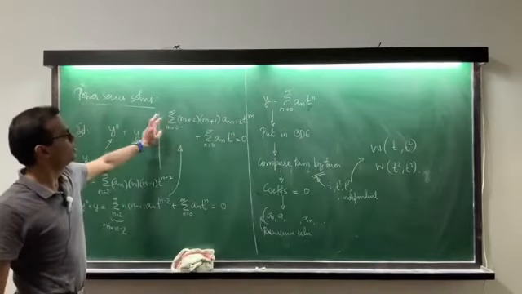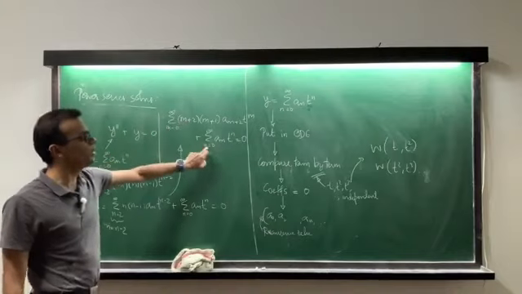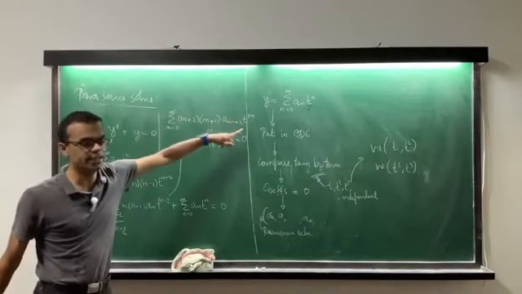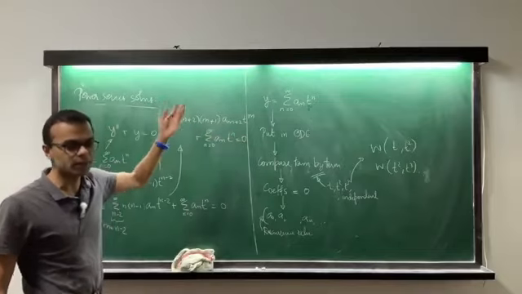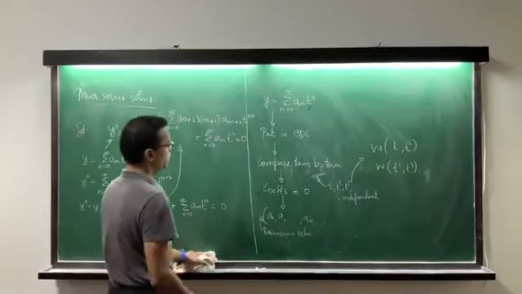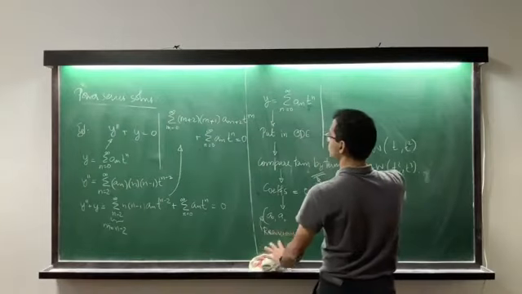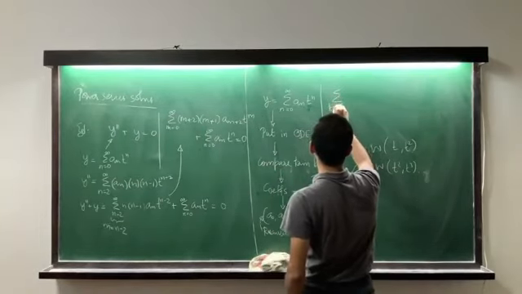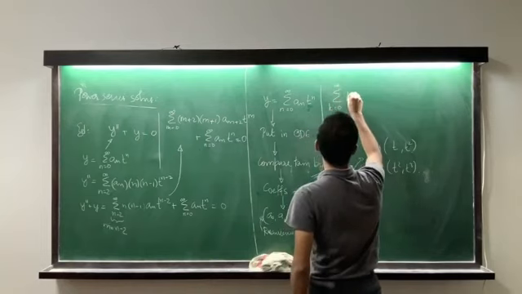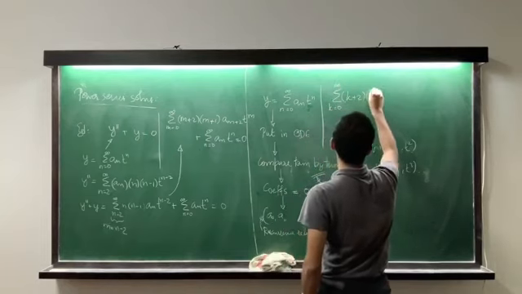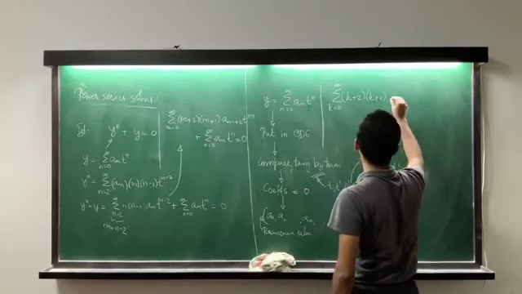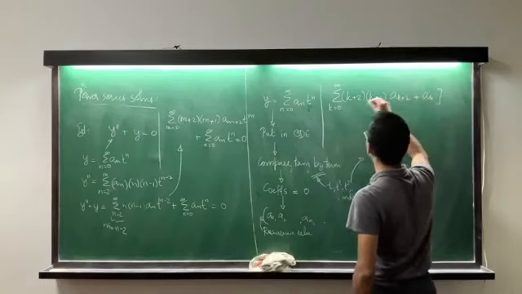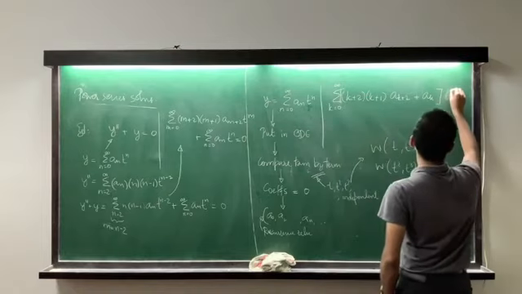The two sums, one indexed by m, one indexed by n, both go from 0 to infinity, so I can just replace everything by a common index k or m or n or whatever. Then if I replace that, it will give me a single sum: k equals 0 to infinity, k plus 2 times k plus 1 times a_(k+2) plus a_k, the whole thing multiplied by t^k, is equal to 0.